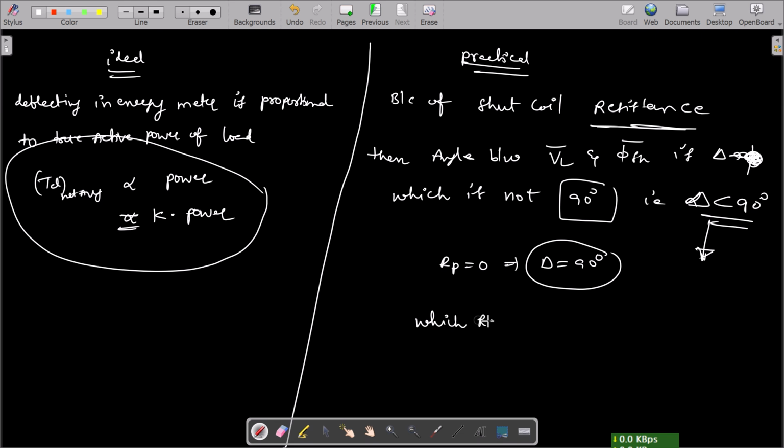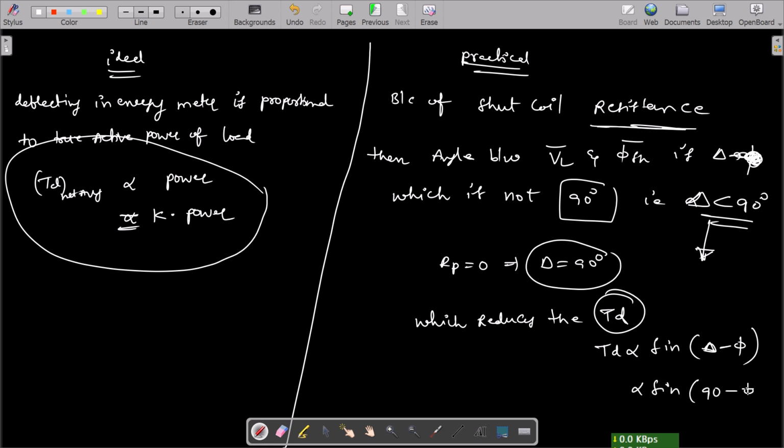which reduces the TD, because TD will be proportional to sine of delta minus phi. Okay, but in the ideal case it will be sine of 90 minus phi, no? So this will be lesser. This is in a practical case and this will be in the ideal case.